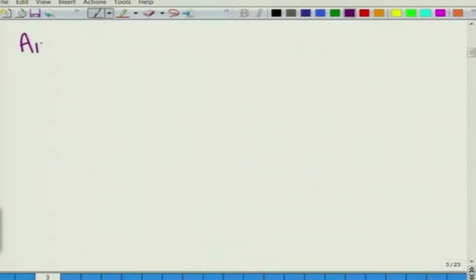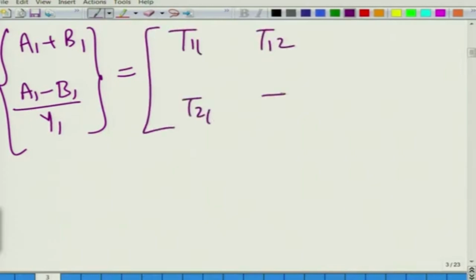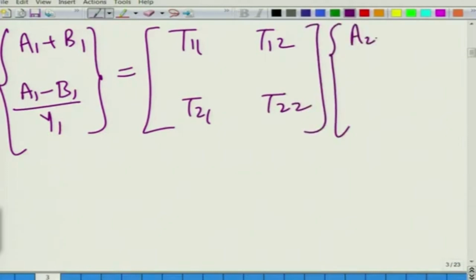So, A1 plus B1 and A1 minus B1 by Y1 is equal to the matrix T11, T12, T21 and T22, times A2 and A2 by Y2.